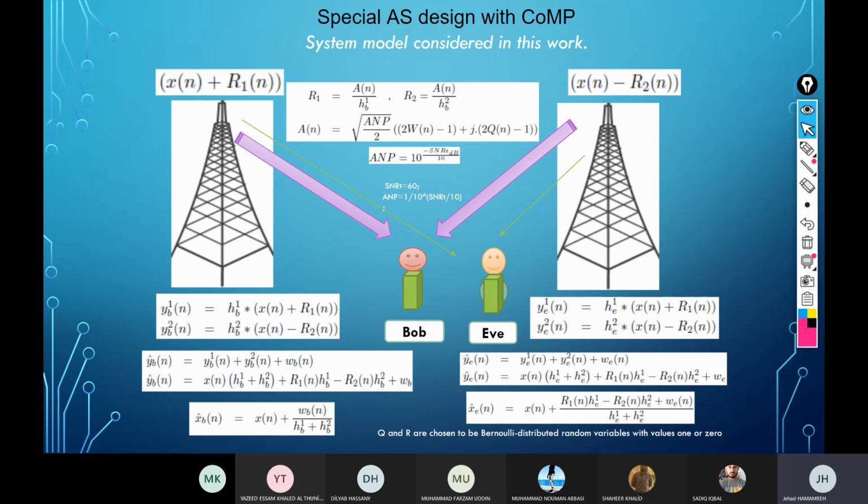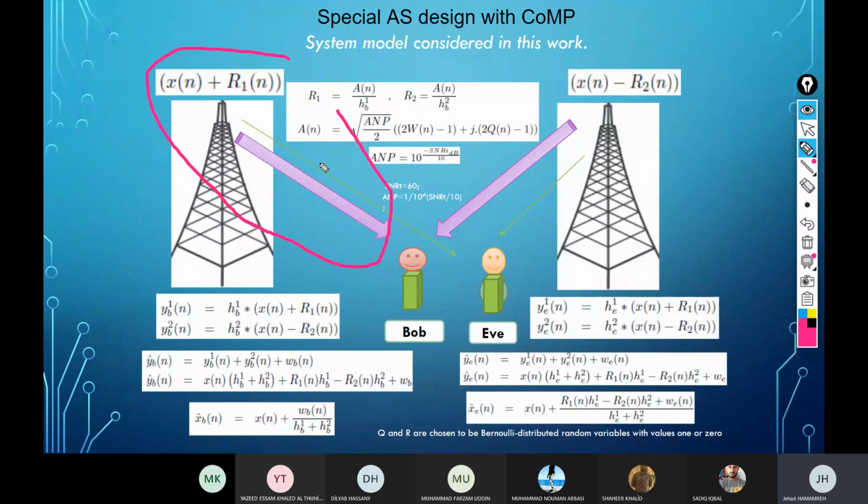So your first signal is this. Let's highlight it here. This is your first signal. Let's say a hacker, Eve, is here in the middle. When Eve listens to the data, she will get X plus R1.